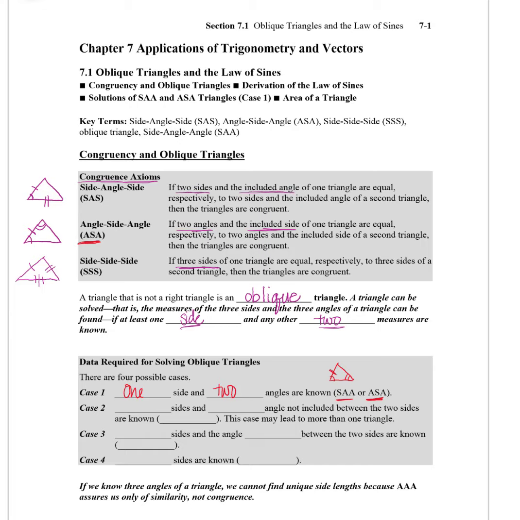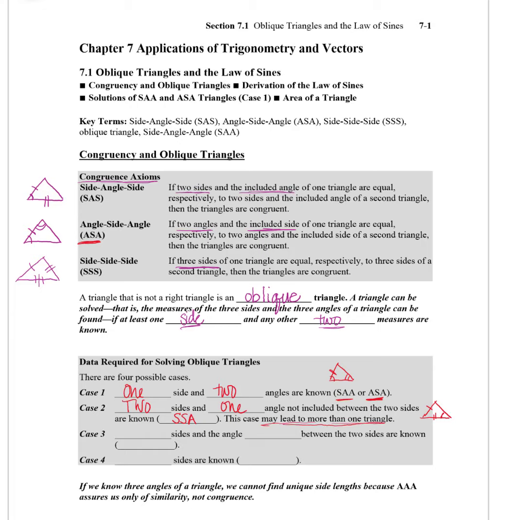Case 2 is where we're given 2 sides and 1 angle that's not included between the 2 sides. This is the SSA case, and this may lead to more than one triangle. This is where we're given 2 sides and an angle that's not between them, so that would be something like this.